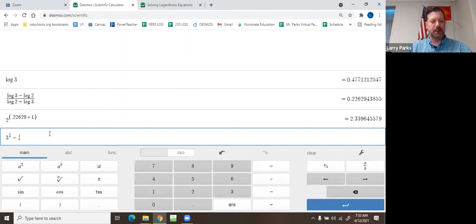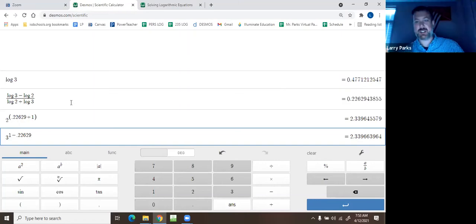Oh, I see what's going on. I have to trick it, I guess. 1 minus 0.2262. Right? See how I got the same answer both times? So it's good to plug your answer back in and make sure you get the same thing.